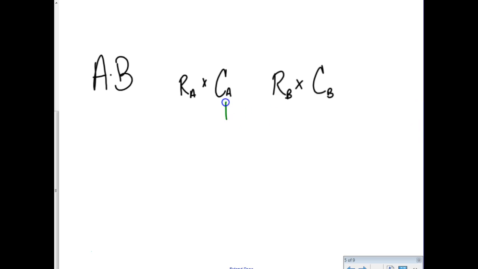Let's say we have matrix A times B. What you have to check are the dimensions of A and the dimensions of B. I'm going to call the dimensions of A rows of A by columns of A. And right next to that, you write the dimensions of B, which would be rows of B by columns of B. This is how you check to see if it's even defined to multiply them together. If these middle two numbers match, then it's okay to multiply them together.